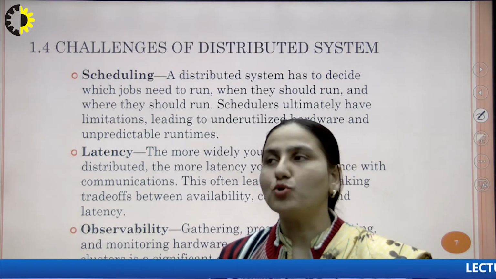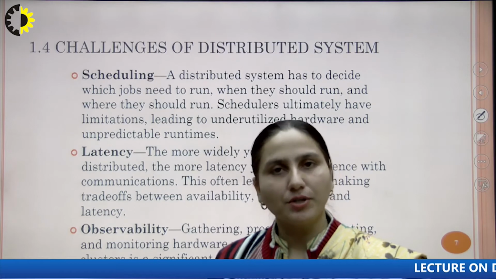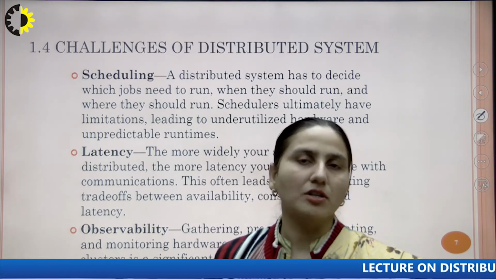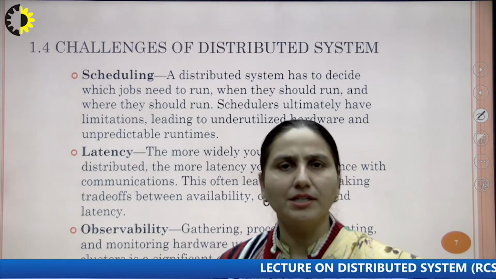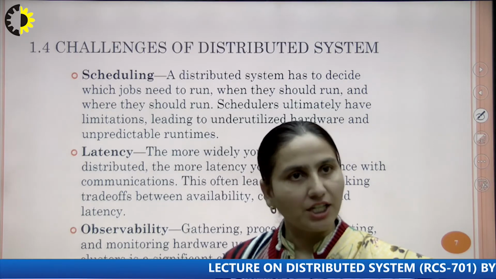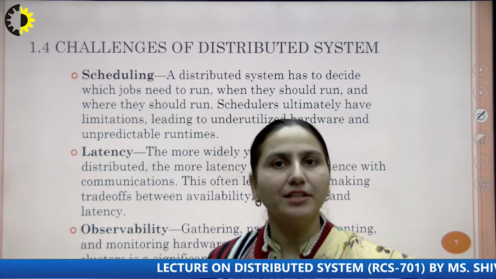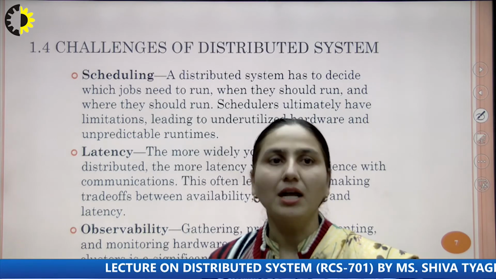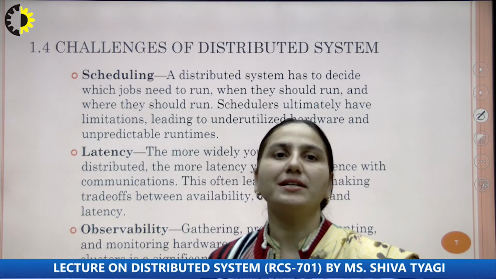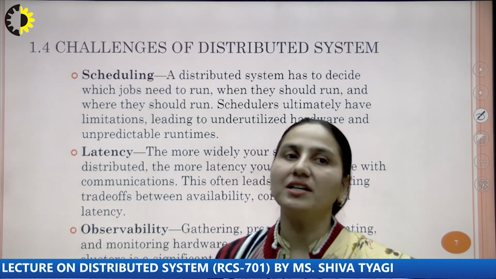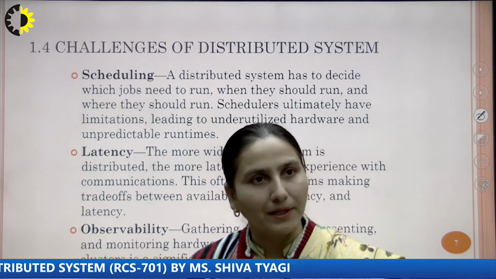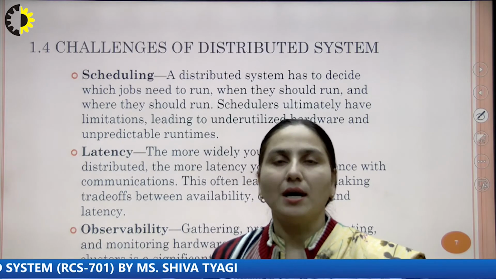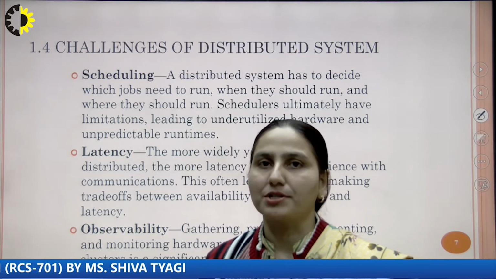We'll be using one or another algorithm with the help of which scheduling is done: which job is going to run, when, and where. But when we use it, it has some limitations, due to which we are not able to utilize the hardware properly. So this is the biggest challenge of this distributed system.